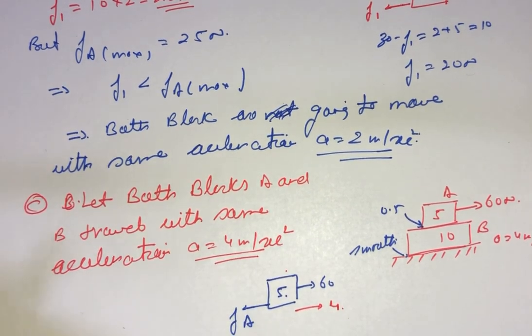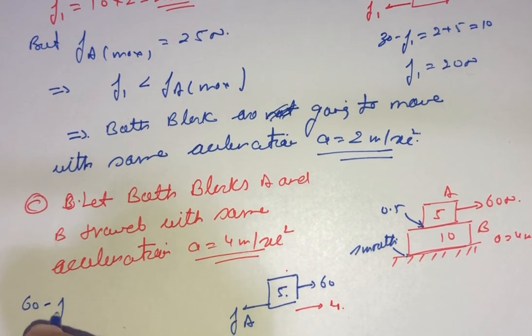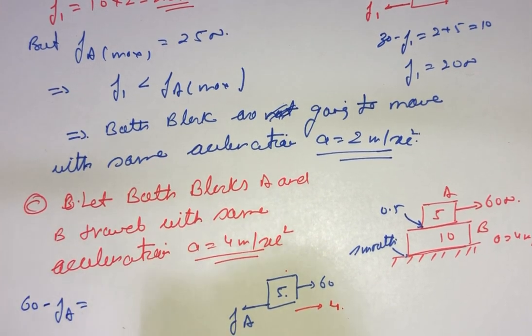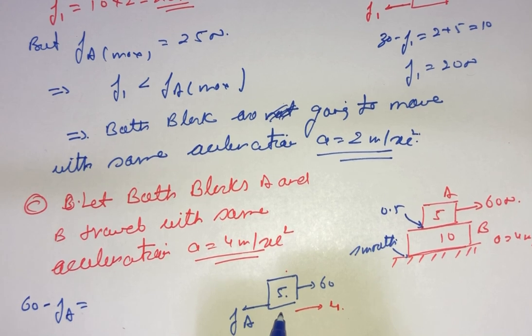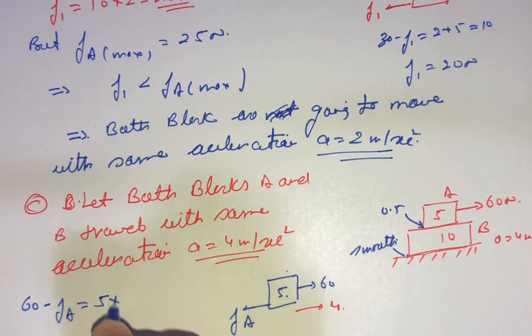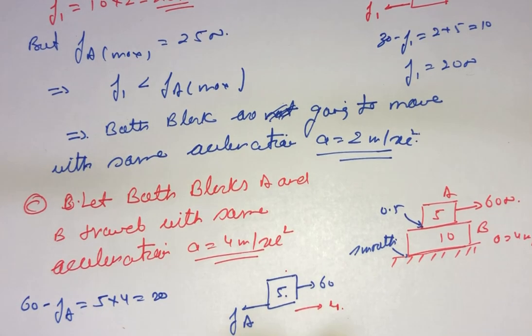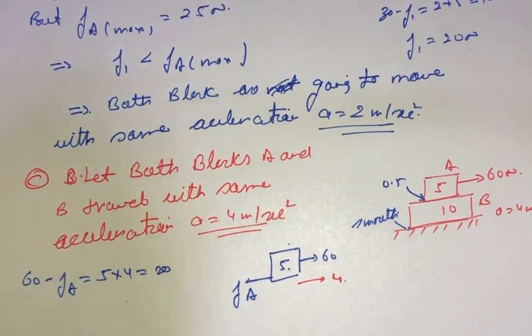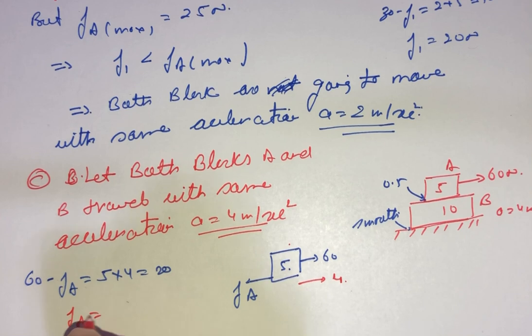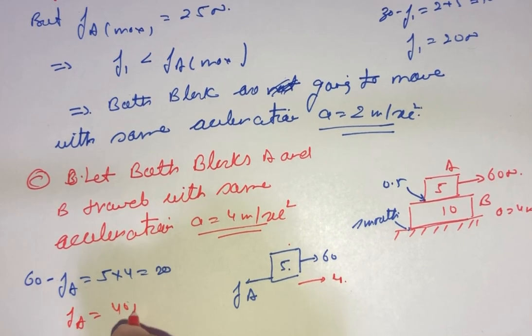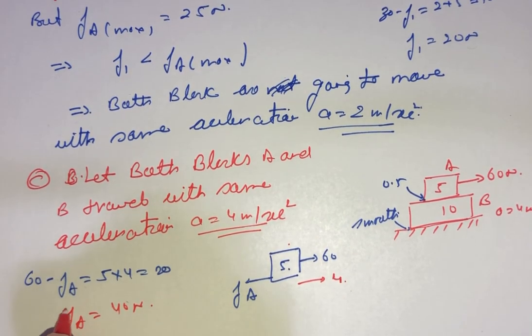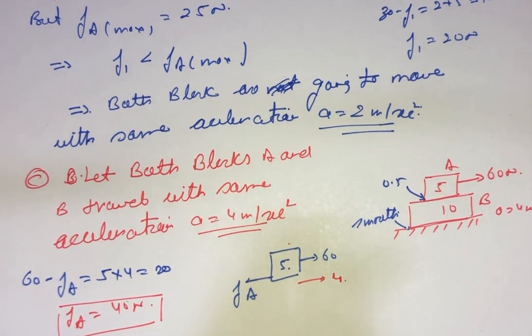We can see that 60 minus FA will be equal to mass 5 kg and acceleration 4, so this is 5 into 4 which is equal to 20. So our FA will be coming as 40 Newton. Okay.